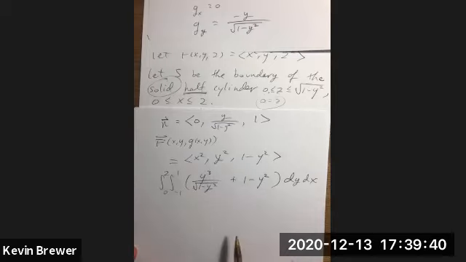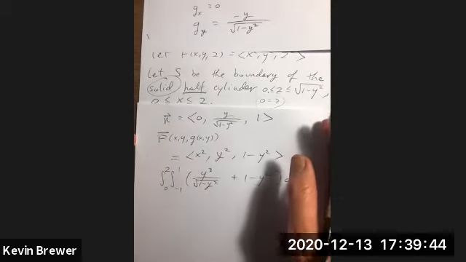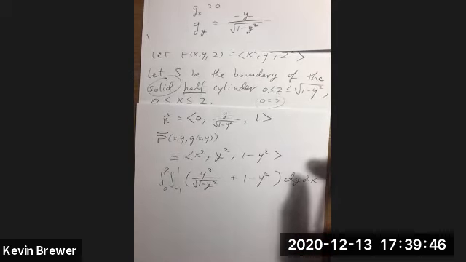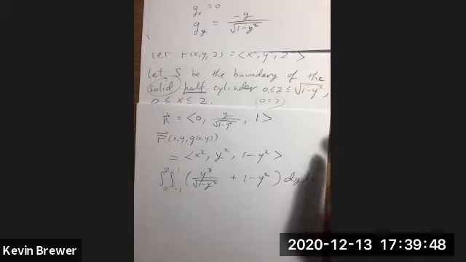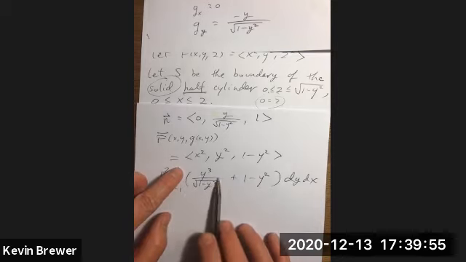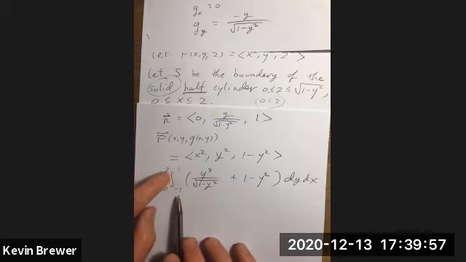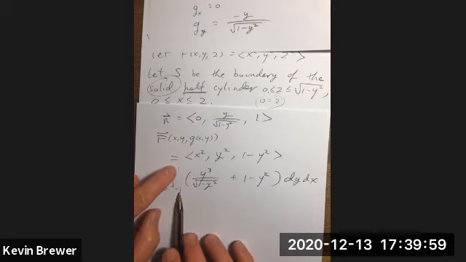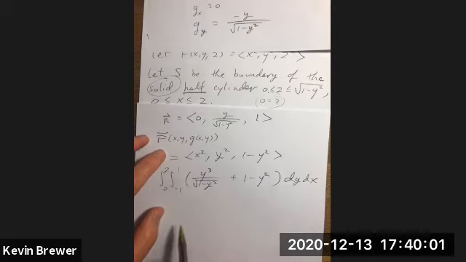And I know you wouldn't think of this right off the bat, or at least I'm guessing you wouldn't, because the only reason I think of it is because I've taught out of Stewart a bunch of times. But this first function of y here goes from minus 1 to 1, and it's an odd function.